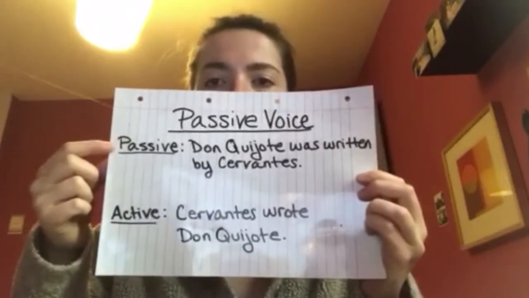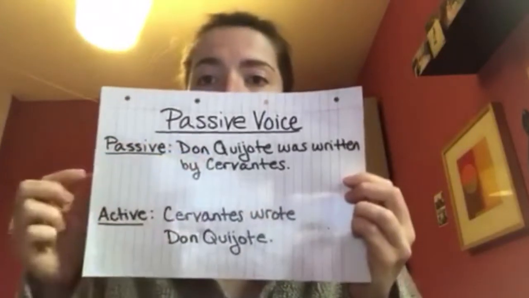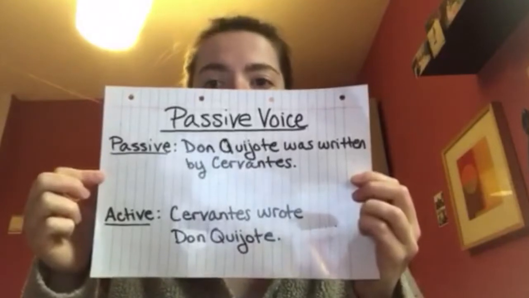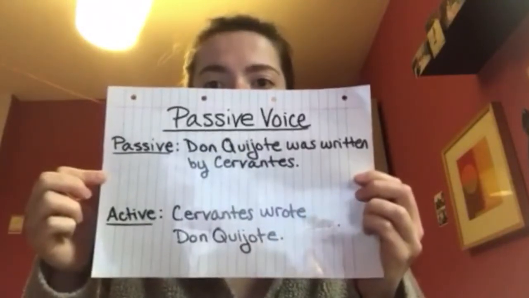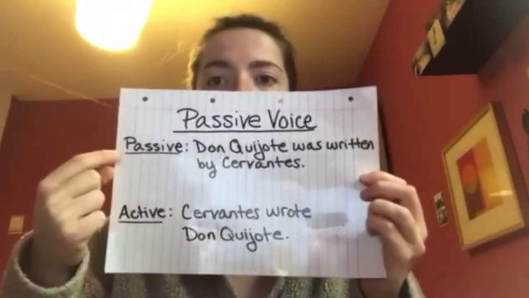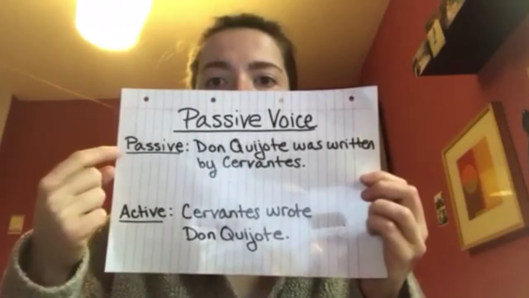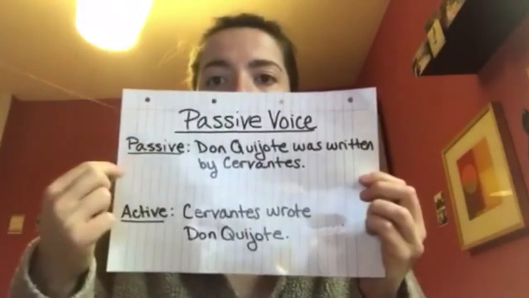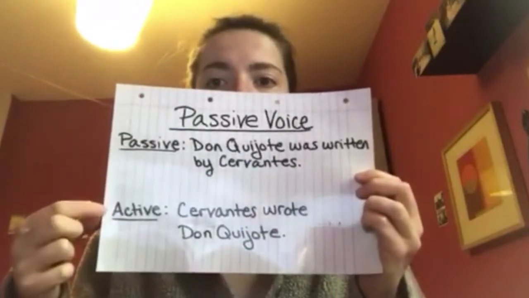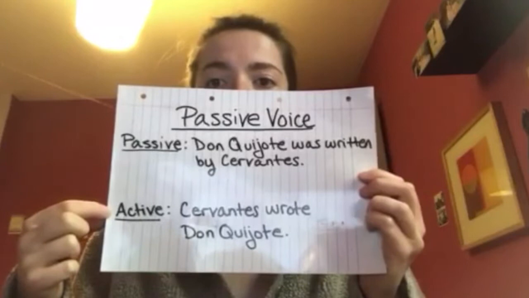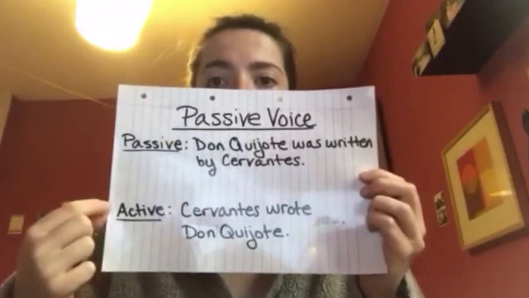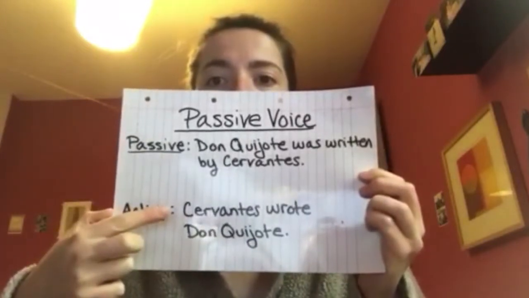In this case, it's because Don Quixote, the book, is more important. We're talking about the book right now, not the author. If you look at the different structures, you'll see that in the passive voice, the object, which is the book Don Quixote, comes first because it's more important. In the active voice, the subject, the person who is writing the book, or Cervantes, comes first because he is more important.